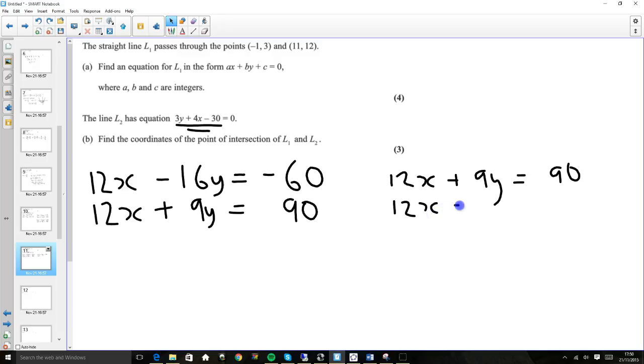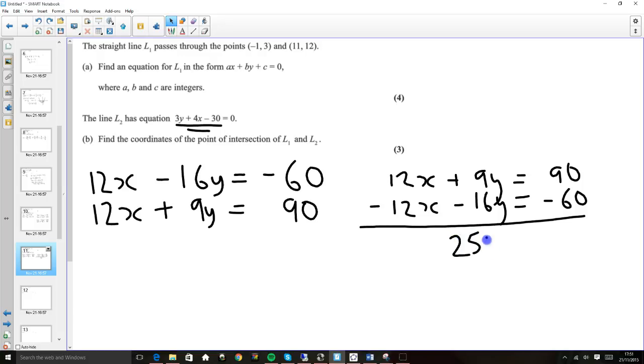So I'm just swapping the two over. Then I'll take this bottom equation away from the top one. So 12x take away 12x gets rid of my x's. 9 minus 16 gives me minus 25y. And then 90 minus 60 is 150 in total. Divide both sides by 25 and you'll get that y is 6.